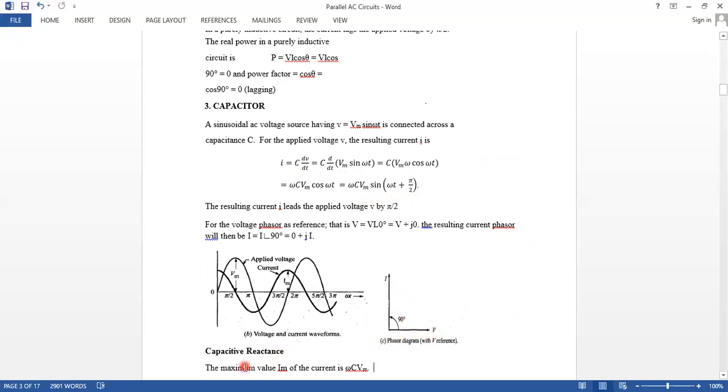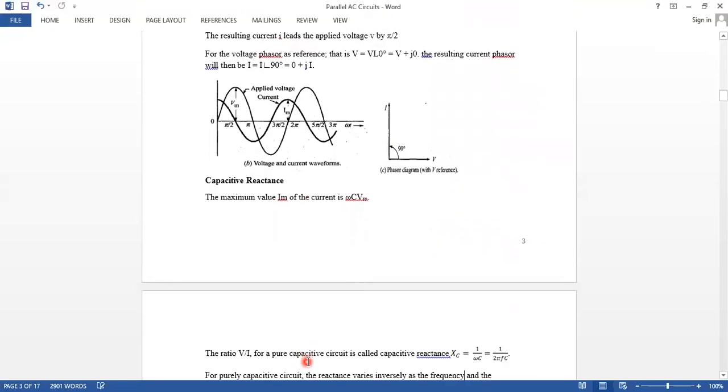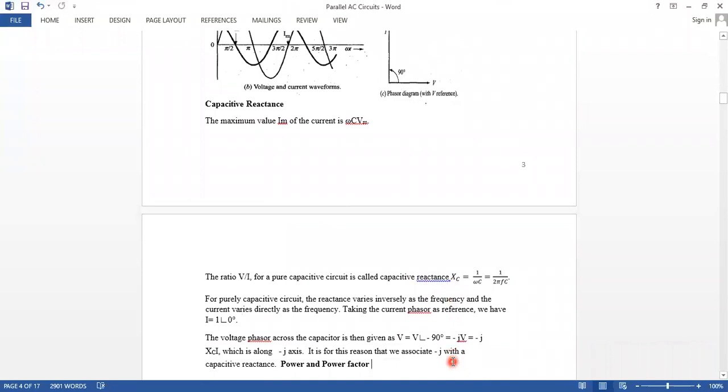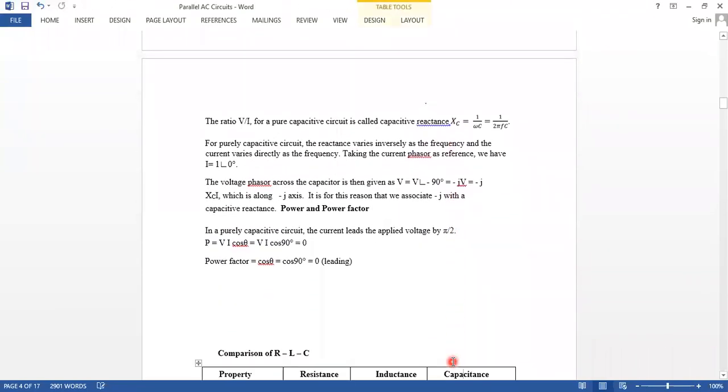That is why this capacitive reactance, defined as Xc, we accompany with minus J. We represent it as minus jXc because the voltage is lagging the current by 90 degrees, whereas in the inductor it leads, so it is plus J. Again, coming to the power, it is 0 because the angle between V and I is 90 degrees, so cos 90 is 0, and the power factor is also 0.